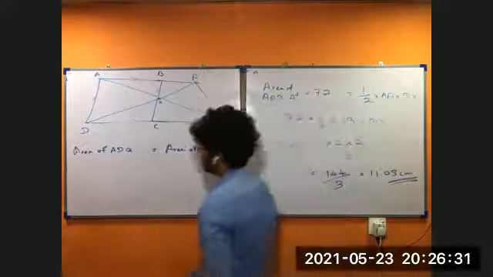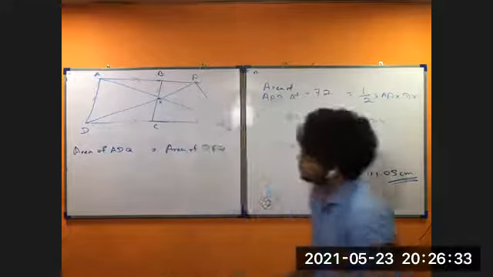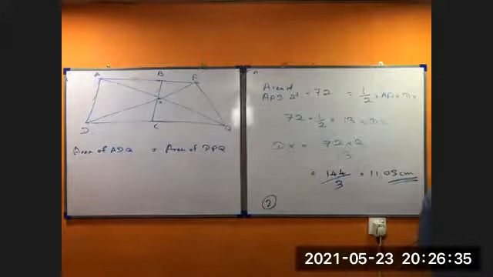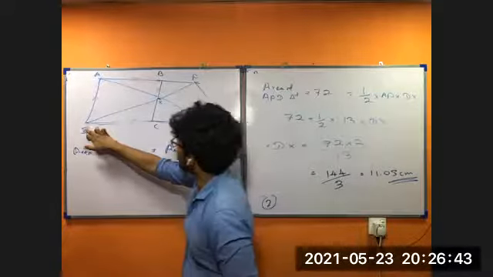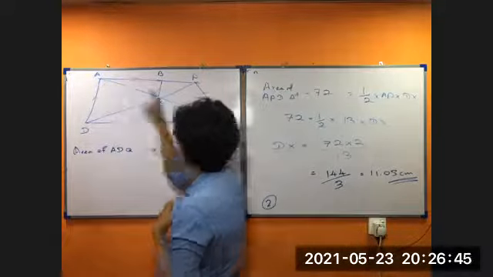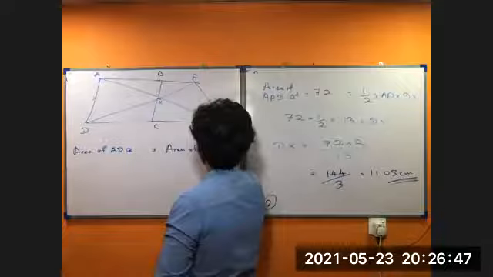Okay. Then from ADQ, what can I do? What is this? ADQ means this triangle, right?